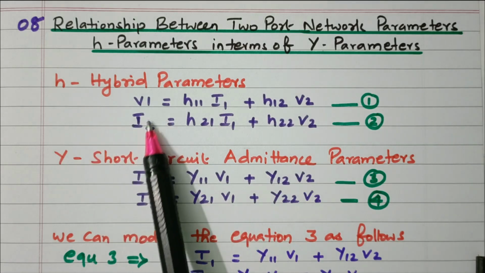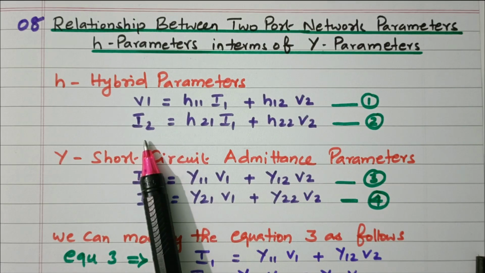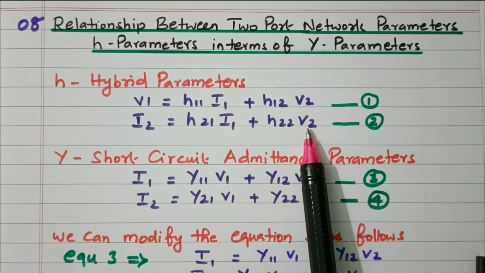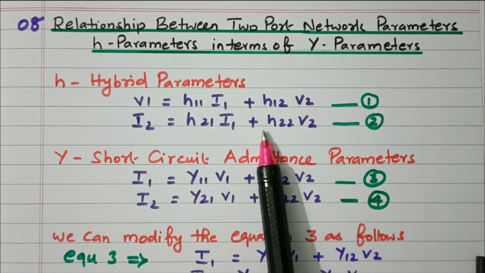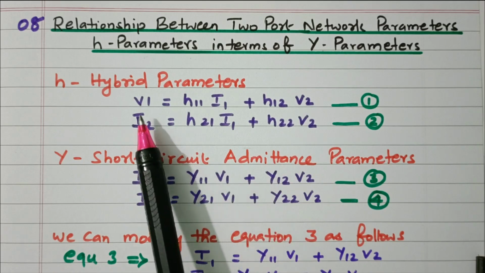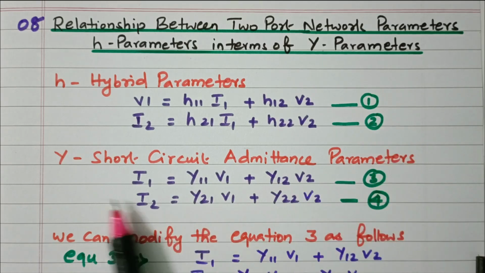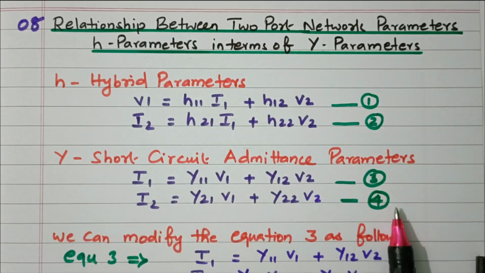In the hybrid parameter, both are there, V1 and I2: input port voltage and output port current are expressed in terms of input port current and output port voltage. So that is called a hybrid parameter. For the hybrid parameter we'll take equations 1 and 2, and for the Y parameter equations 3 and 4. Now we'll see how to get the relationship between these two parameters.